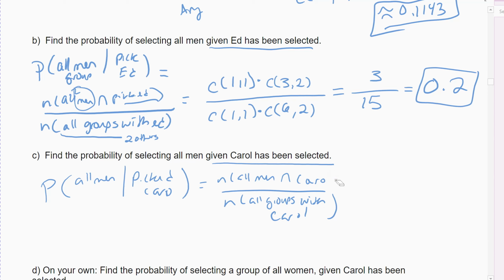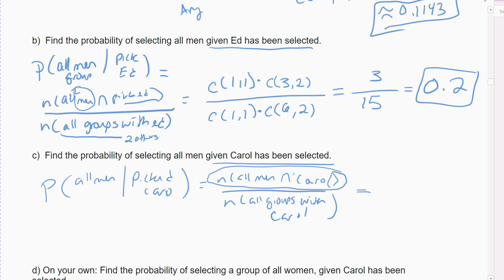You should be able to just figure out what it is without having to plug it in. But if you did plug it in the calculator, it'd be combinations, all men with Carol. Now this is where you have to sort of logic this one through.